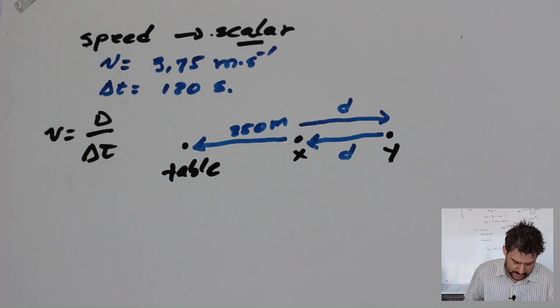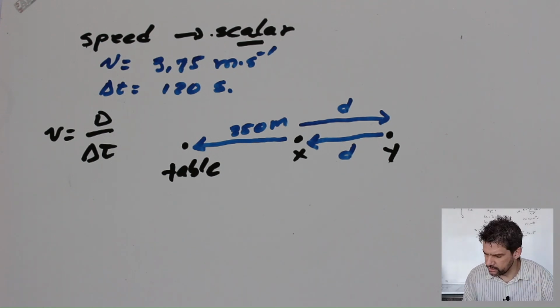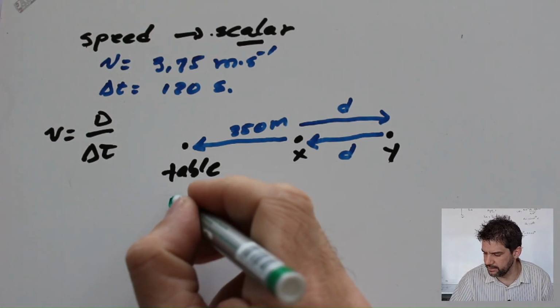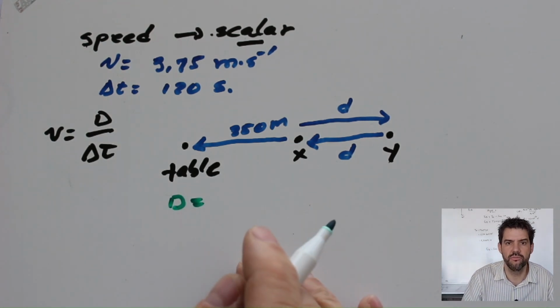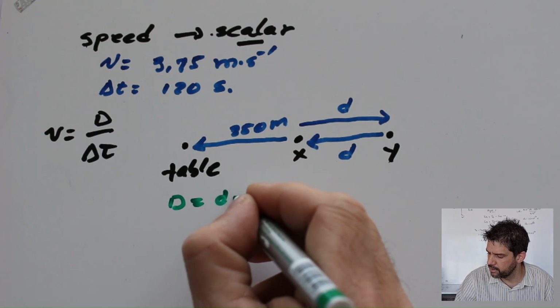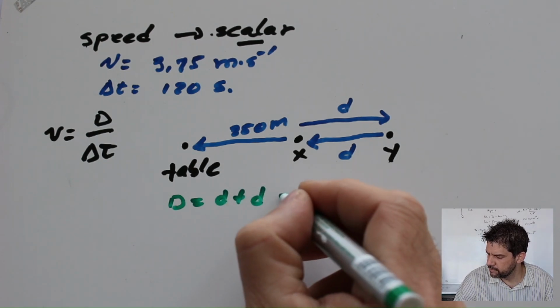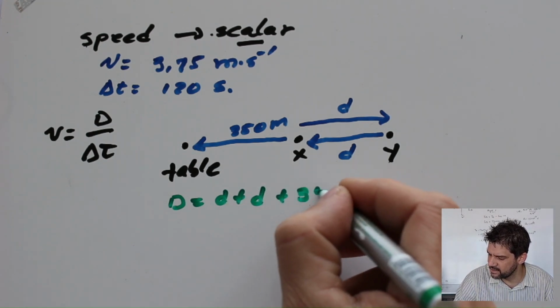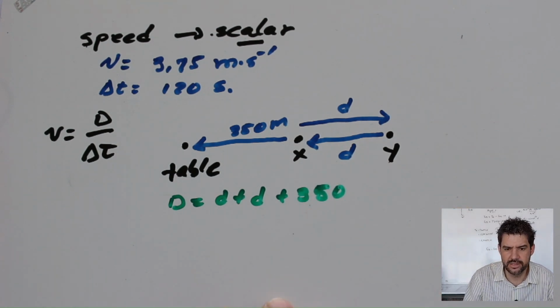All right, so what is the total distance? So what is the total distance going to be here, guys? Total distance is going to be equal to D plus D plus 350 meters.